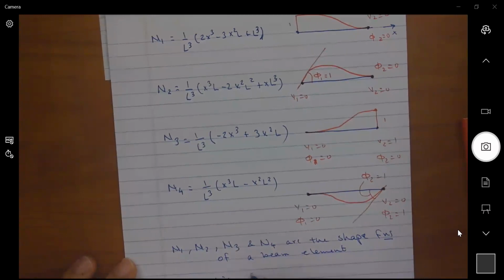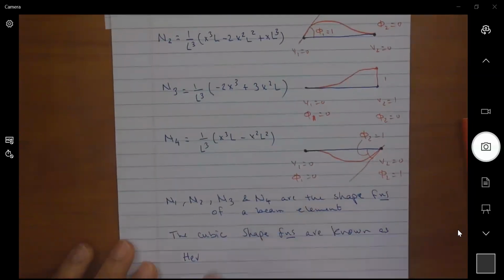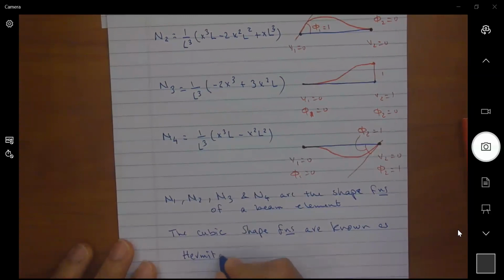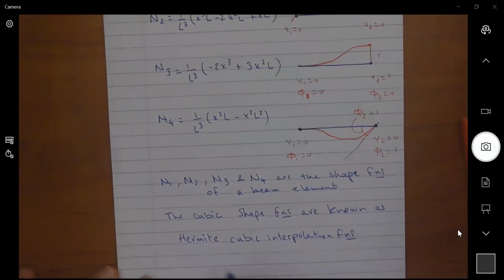The cubic shape functions are known as the Hermite cubic interpolation functions or cubic spline functions.